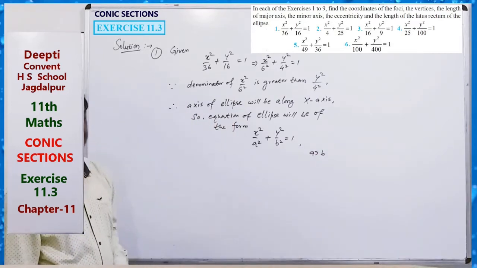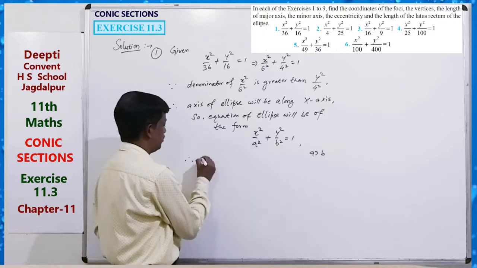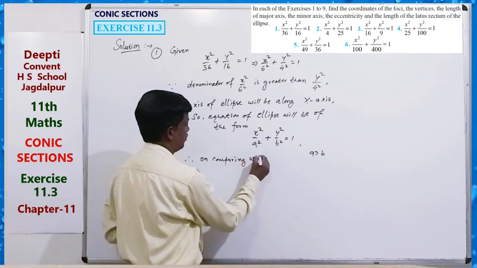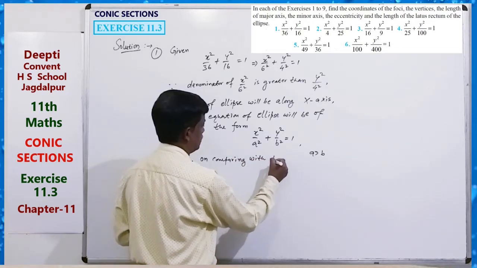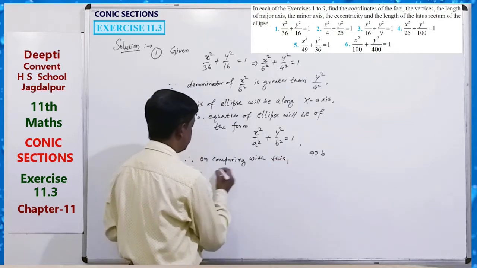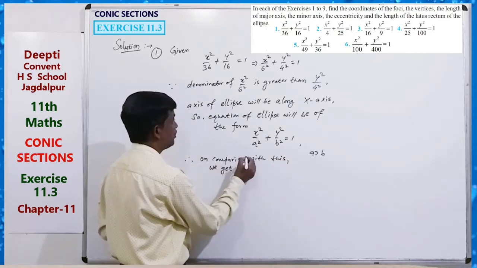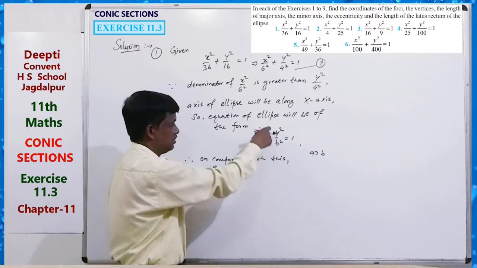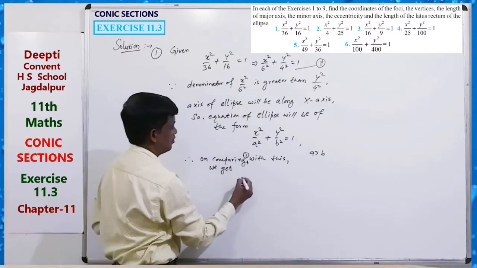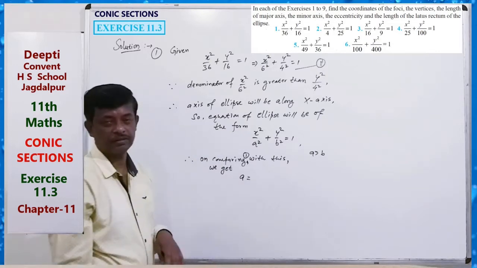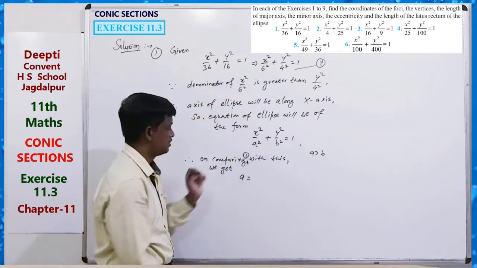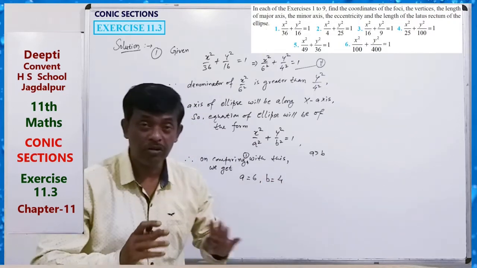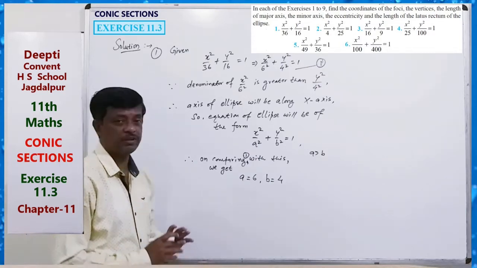Therefore, on comparing this with the given equation, we get a equals 6 and b equals 4. Now we have to find all the factors, one by one.